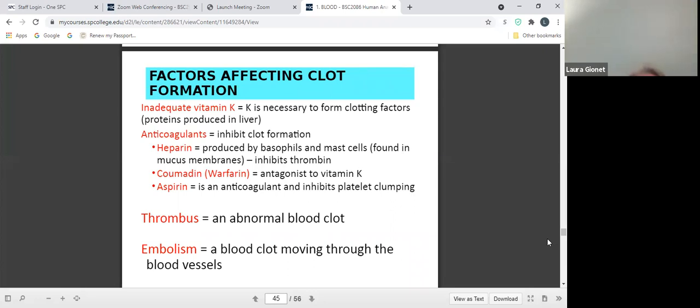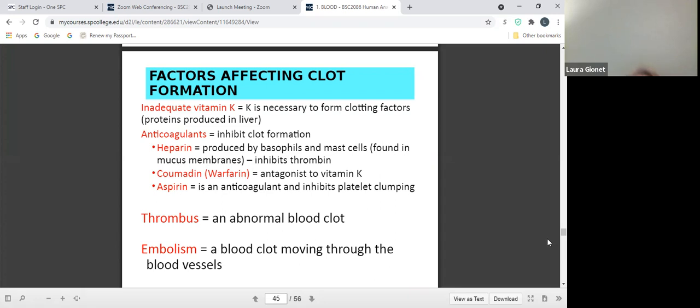Remember, the heparin can also be produced by basophils, and mast cells, a type of basophil, essentially the same thing. And aspirin, of course, is not formed in the body, but you can take it orally, and it acts as an anticoagulant and inhibits platelet clumping.